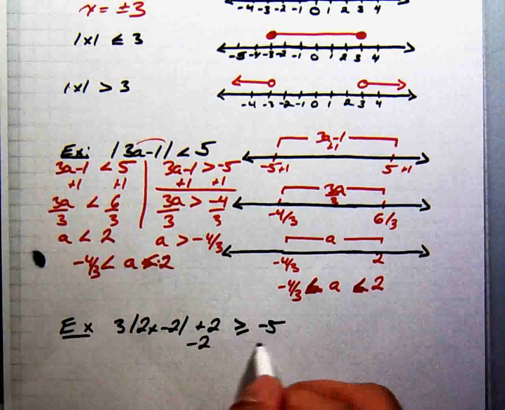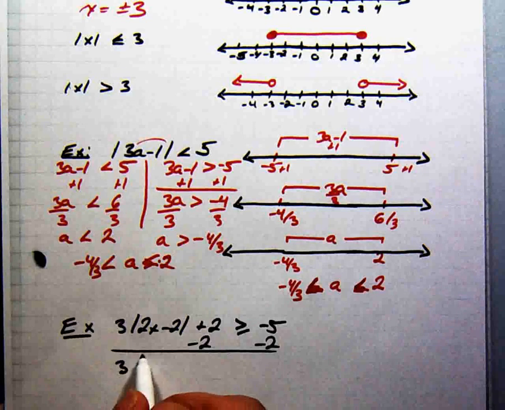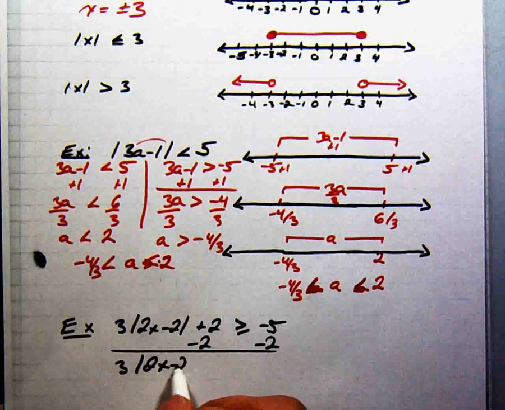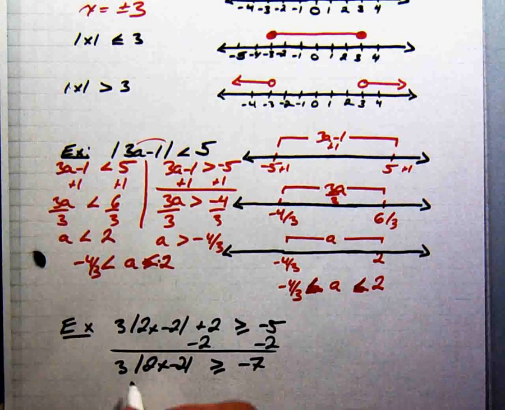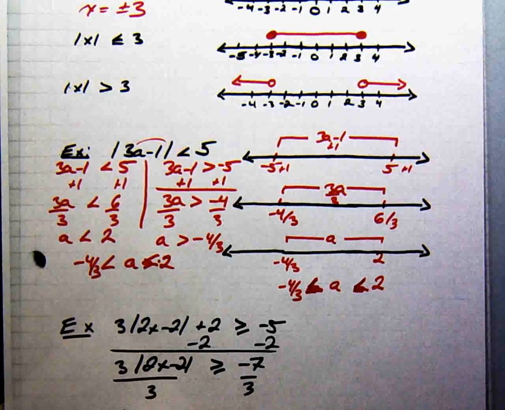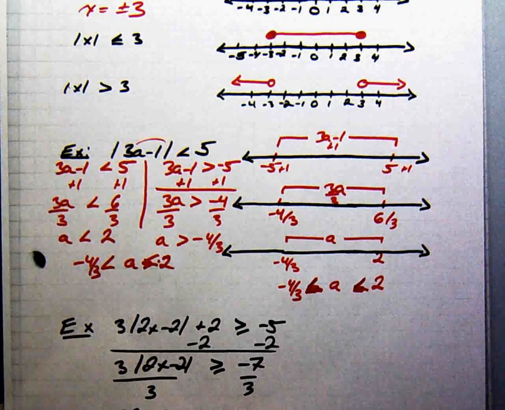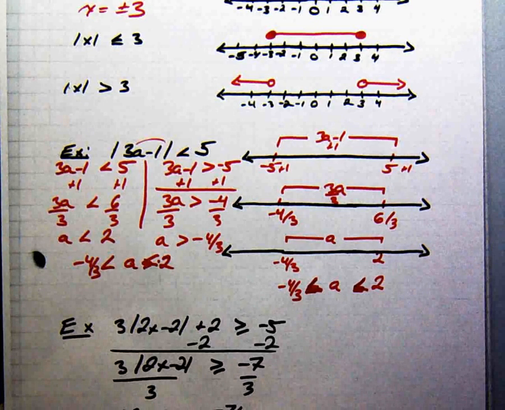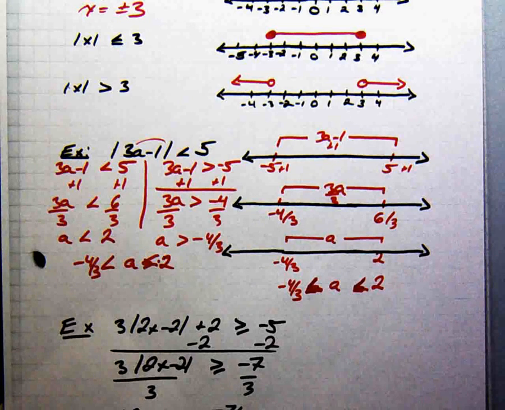Let's go ahead and subtract 2 from both sides, and we're left with 3 times the absolute value of 2x minus 2 is greater than or equal to negative 7. And then divide by 3, and we have the absolute value of 2x minus 2 is greater than or equal to negative 7/3. Now, stop here because you don't have to do any more.